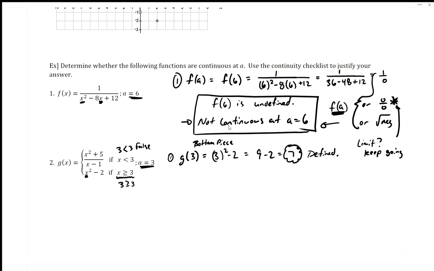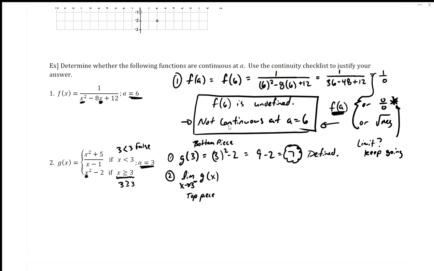All right, now I need to move on to the next step. Let's see the limit as x goes to 3 of our function. It's a piecewise function, so I need to do the left limit and the right limit. The left limit, with the little negative symbol up top, uses the top piece.